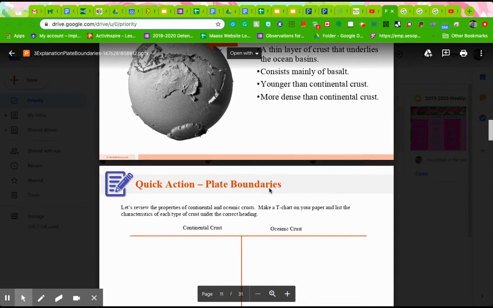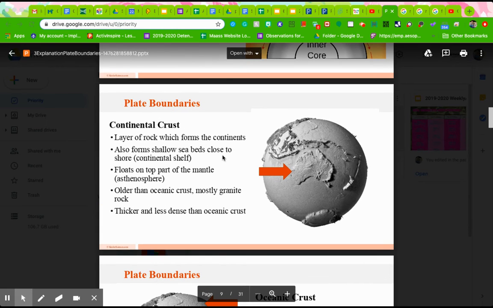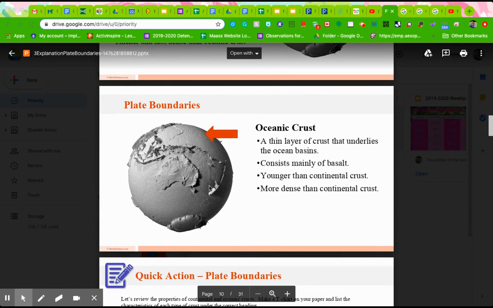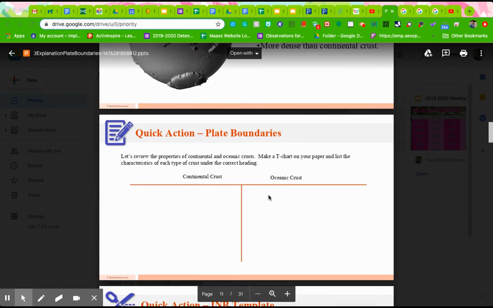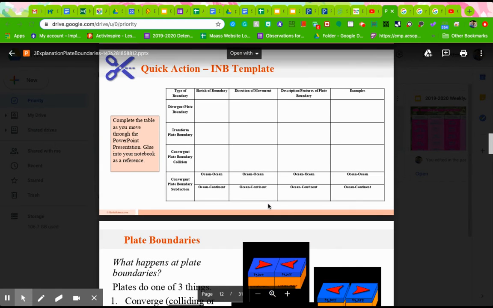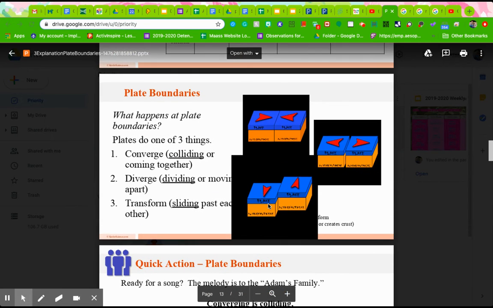Now, we did talk about, I mentioned that there's continental crust that's all on land, and then oceanic crust is all like the bottom of the ocean sea. So, there's going to be three types of plate boundaries, and the three types are right here. The first type is a convergent boundary. This is when two of those areas in red, they're going to collide with each other, like they're running into each other.